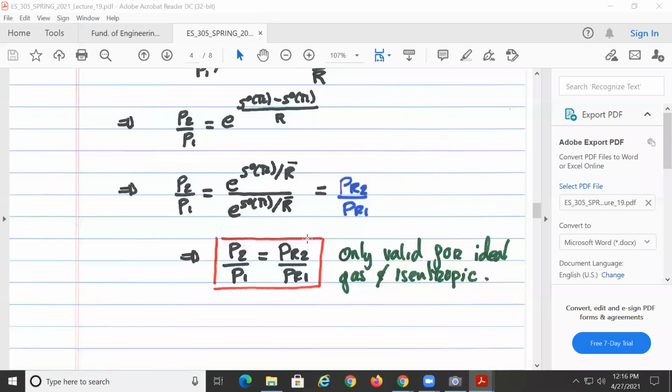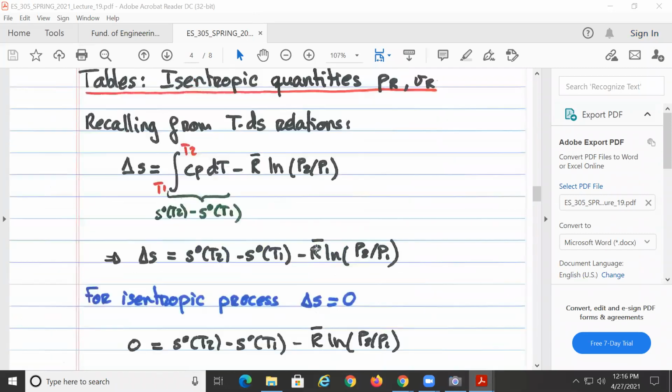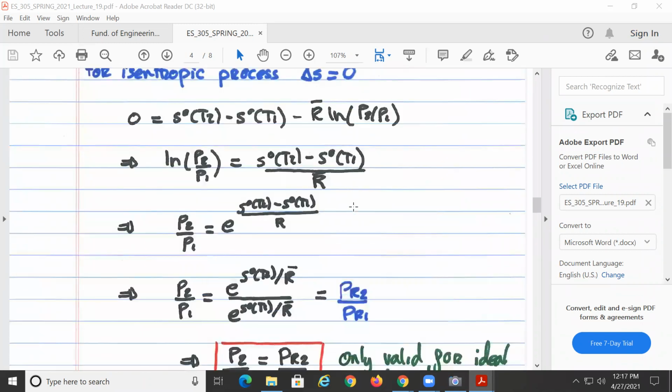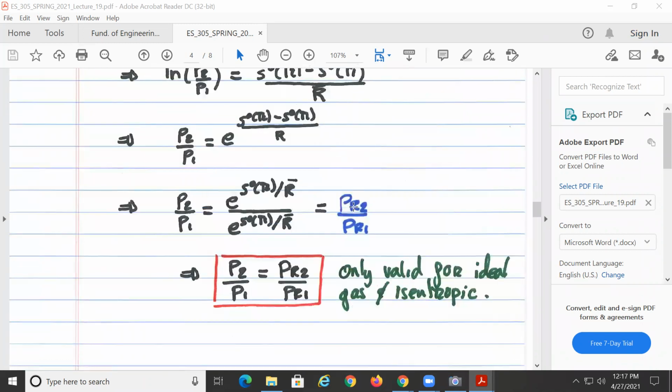Going back to the class notes, for ideal gases, isentropic quantities, we derive the relation P2 over P1 equal to PR2 over PR1.